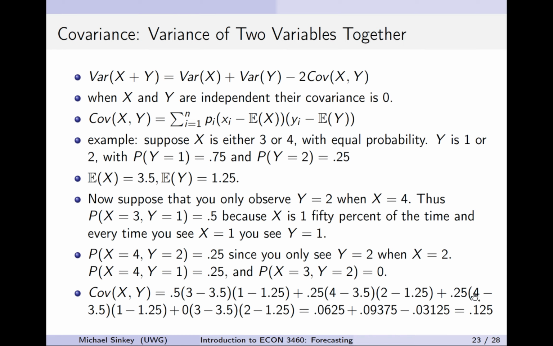Then I do the same thing for when x is equal to 4 and y is equal to 1, subtracting the expected values. I do the same thing for when x is equal to 3 and y is equal to 2. It's just the probability of that occurring is 0 because when x is equal to 3, y is never equal to 2. I split this out, and I have 0.0625 plus 0.09375 minus 0.03125. I get 0.125.